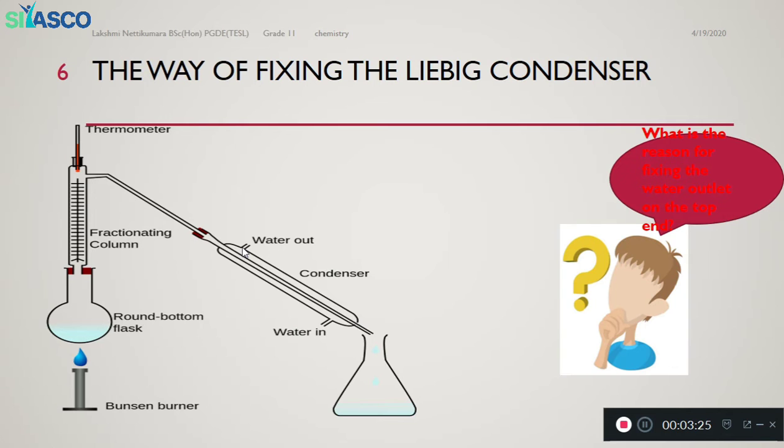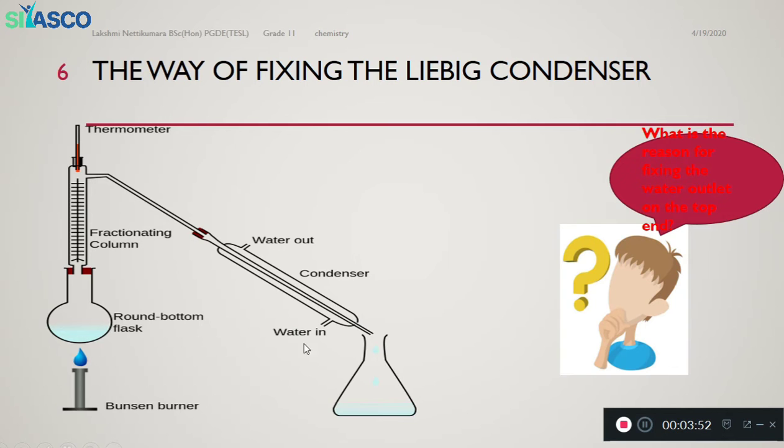Will it remain more time in this condenser or will it just flow through this? Yes, you can understand. If you fix this upper end to the tap, the water goes through the condenser very fast and will be removed from here.